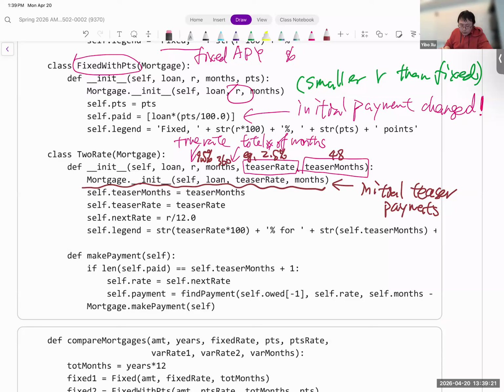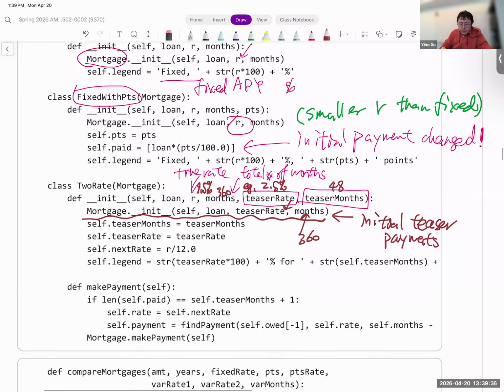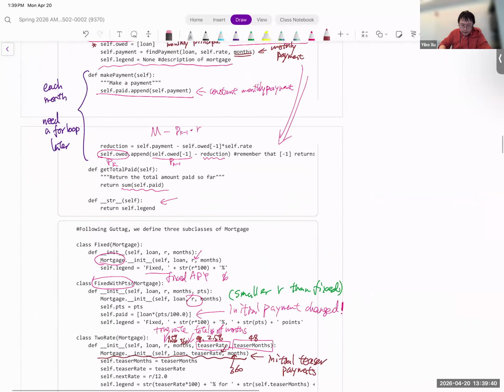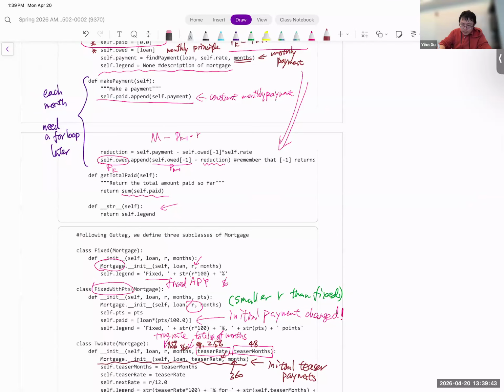So initially, they would directly use the teaser rate, pretending it's a 30-year loan to calculate the monthly payment. Because once again, in the original initialization, the monthly payment is here. So it's already calculated, and that's your teaser monthly payment.